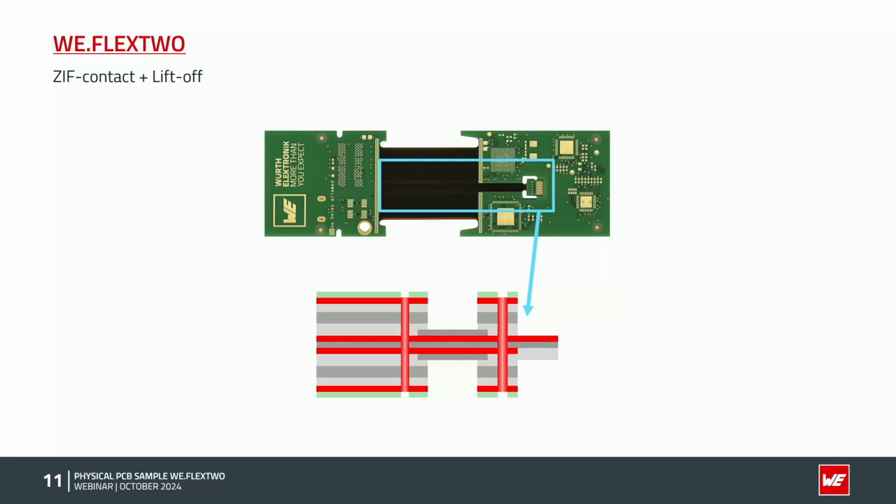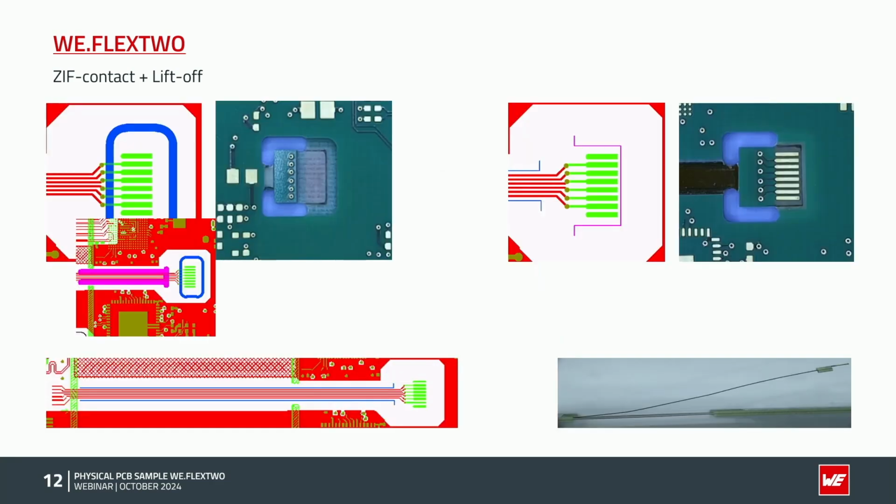So what we say is put this flex part on the outer layer, using drills, because of production issues, which I want to explain later. So we want to show you the alternative for an inner layer SIF connector, and we want to transfer it to the outer layer.